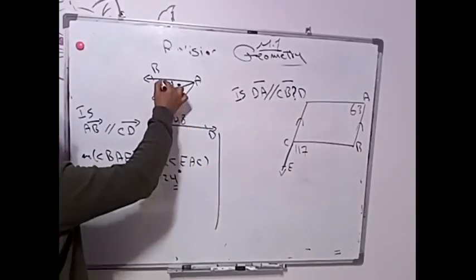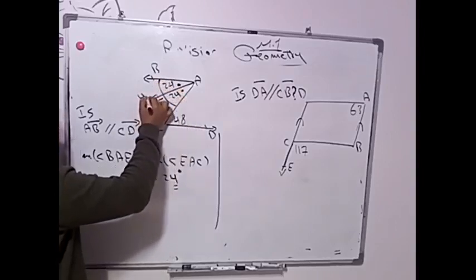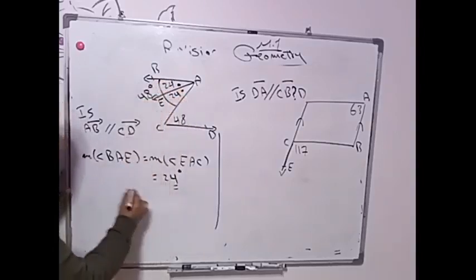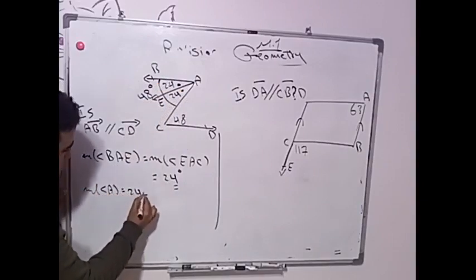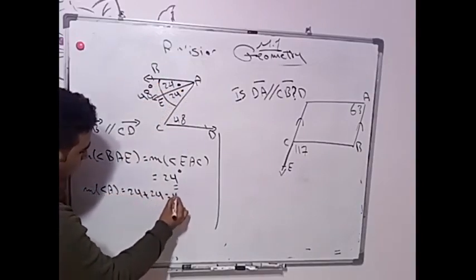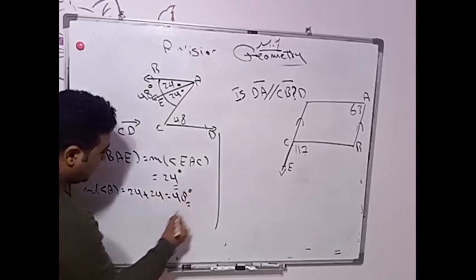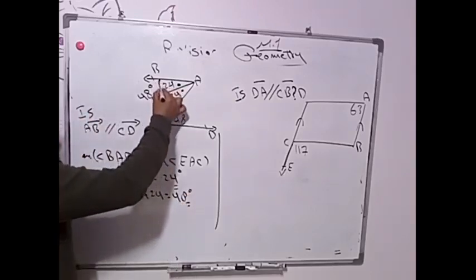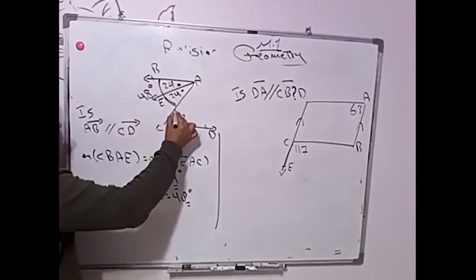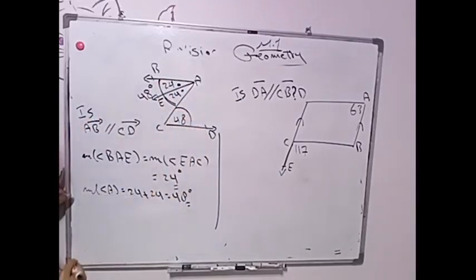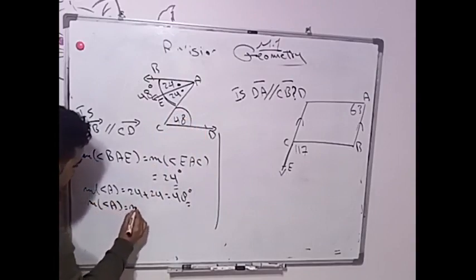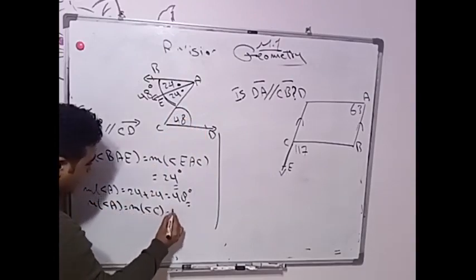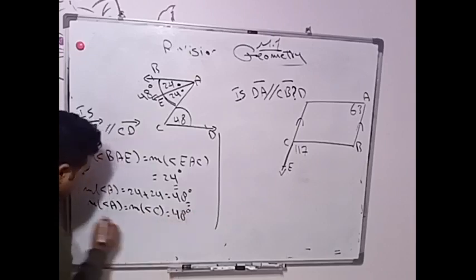I have angle A equals 24 plus 24 equals 48 degrees. Now we have angle A 48 and we have angle C 48. So I have measure angle A equal to measure angle C equal 48 degrees.